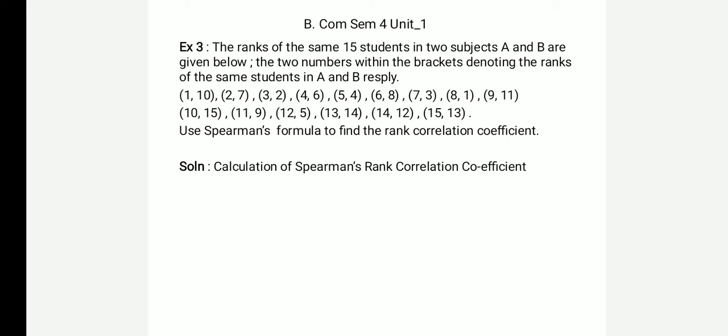Hopefully there is no tie at all, meaning no repetition. If no two individuals get the same rank in a characteristic, then X and Y assume numerical values ranging from 1 to n.